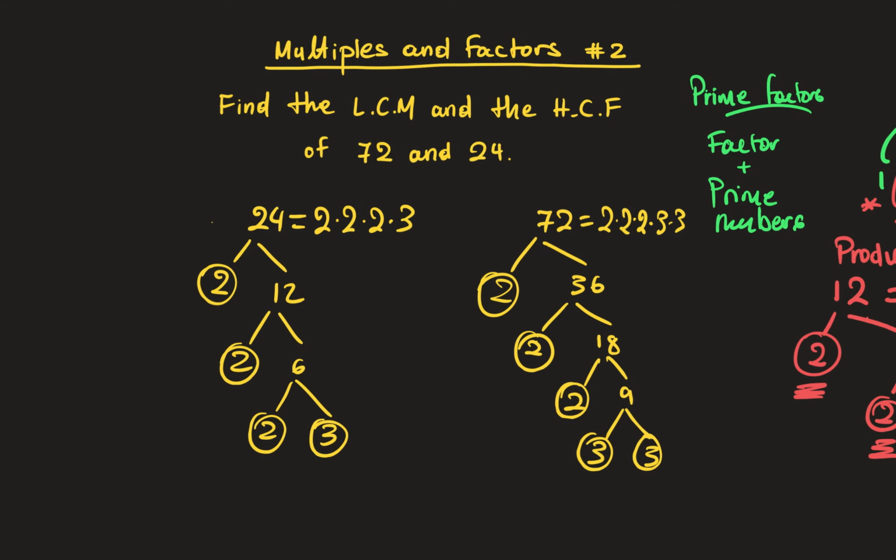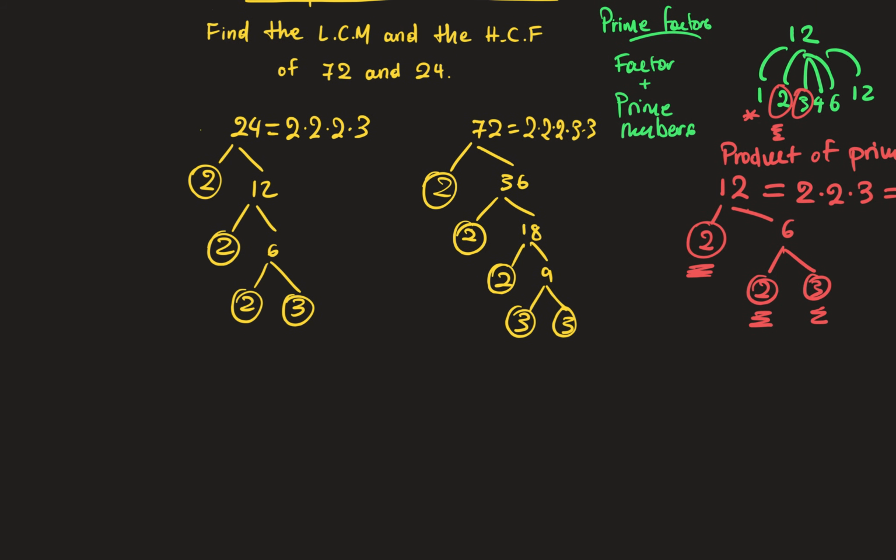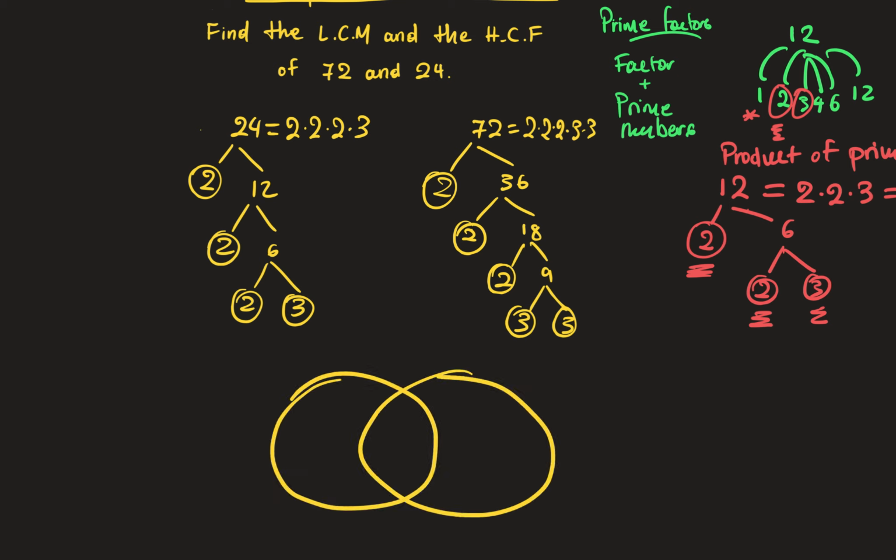Right. The way we carry on from here is by constructing a Venn diagram. I'm sure you've seen it before, right? It's the one that has the circles. And actually, I'm going to need a bigger one. Let's just make a bigger circle. And everything they have in common goes in the middle. So 2 is common to both numbers, so that goes in the middle. And I'm talking about the first 2.